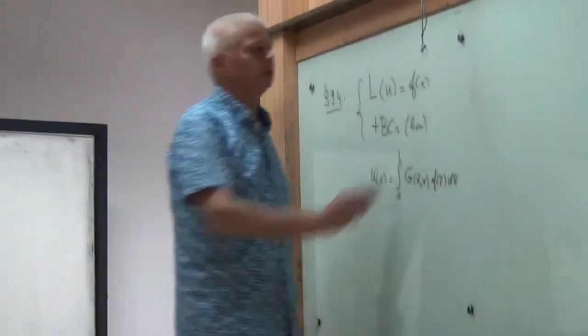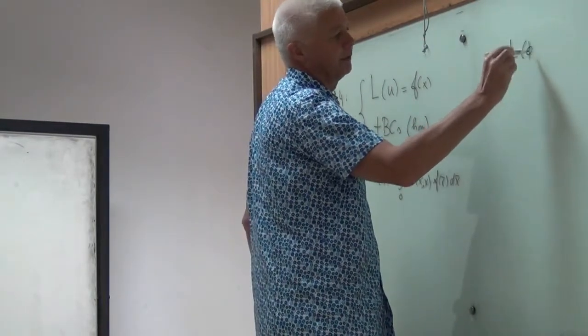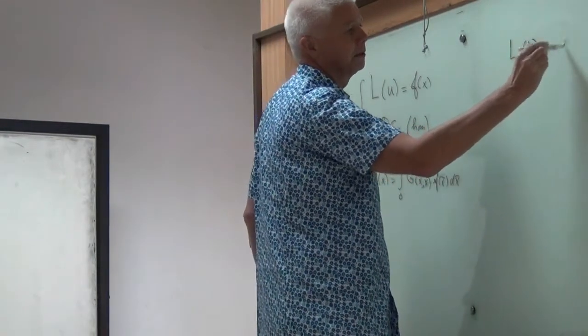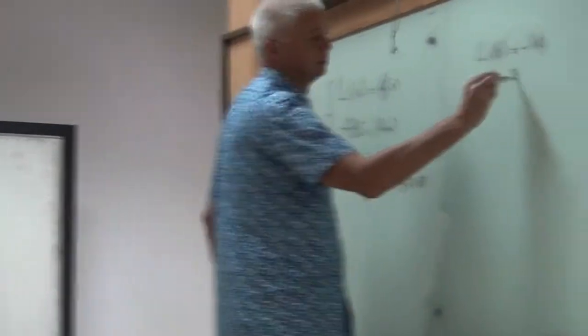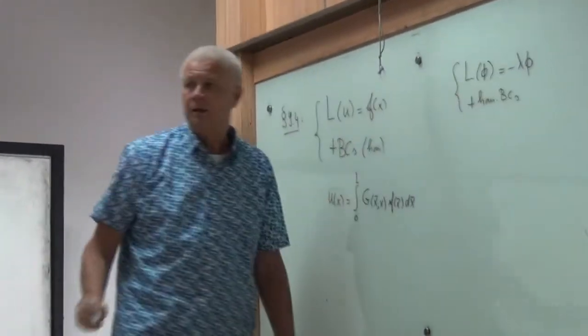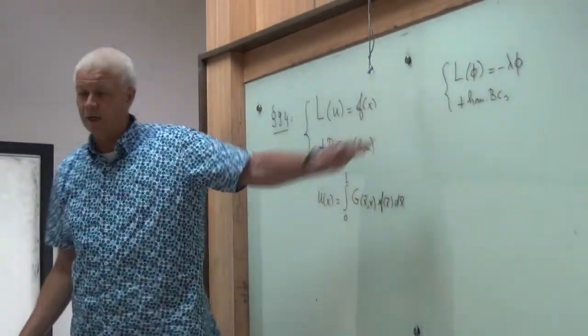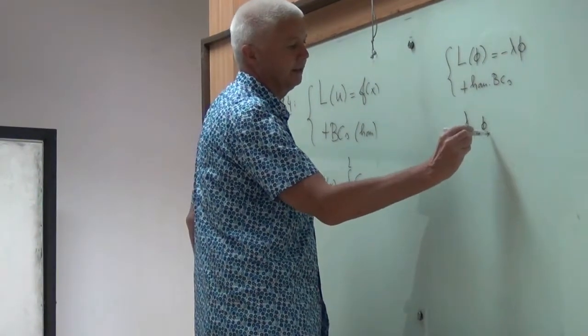And one of the ways to look at it was to say, okay, let's have a look at the nearby eigenvalue problem, plus homogeneous boundary conditions. Here we have always homogeneous boundary conditions. That gives us all kinds of eigenfunctions and eigenvalues, lambda n, phi n.